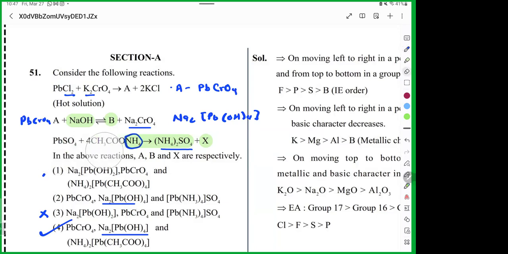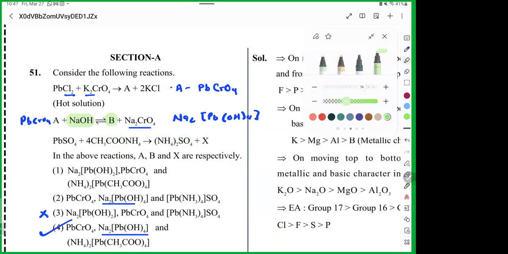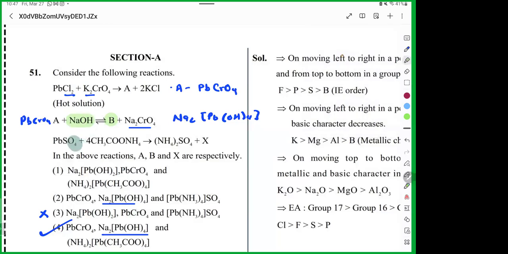In the third equation, when the reaction happens, sulfate from this and ammonia from this form ammonium sulfate. What could be the remaining possible answer? The acetate part will react with the Pb and form Pb acetate.